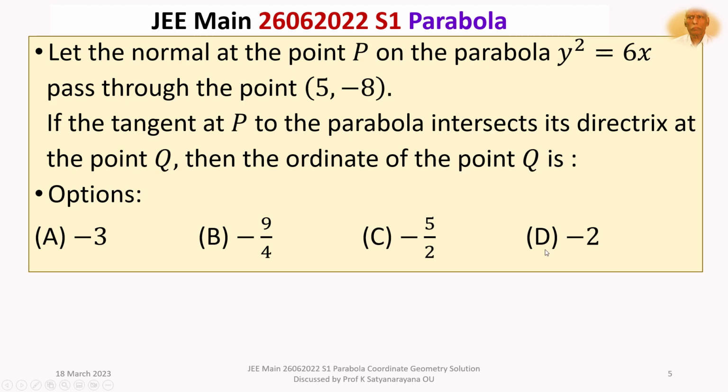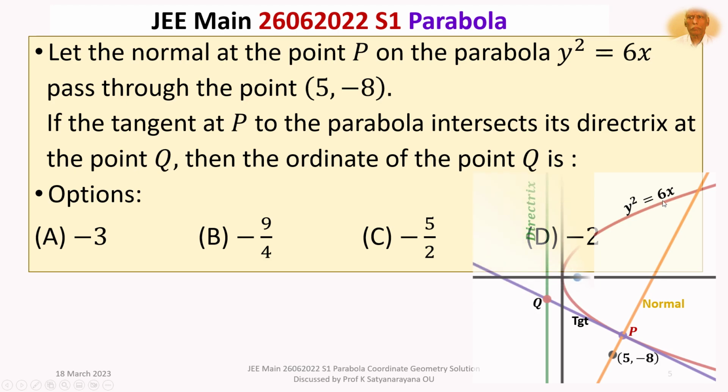We are given a parabola y square is equal to 6x. This is the parabola. It is given the normal at P, this is the point P, normal to the parabola at the point P. It's given that it is passing through (5, minus 8).